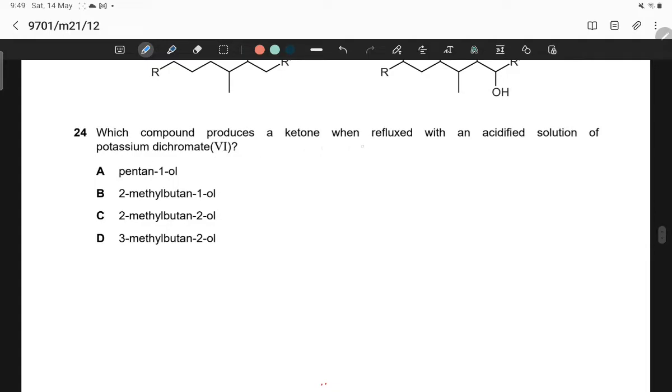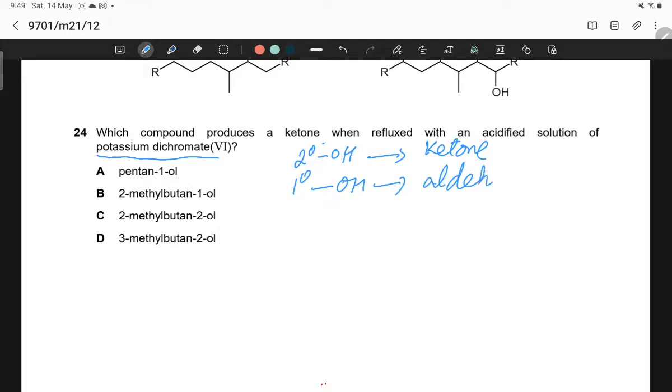Which compound produces a ketone when refluxed with an acidified solution of potassium dichromate? Secondary alcohol is converted into ketone, while primary alcohol is converted into aldehyde, and tertiary alcohol cannot be oxidized.